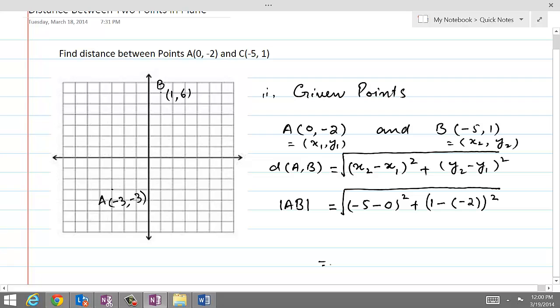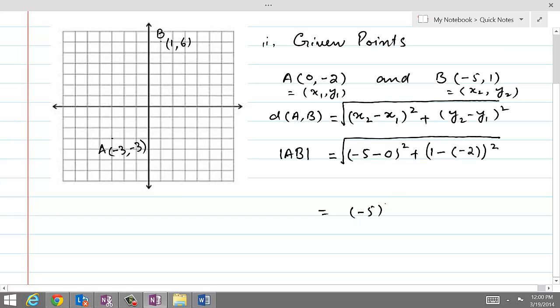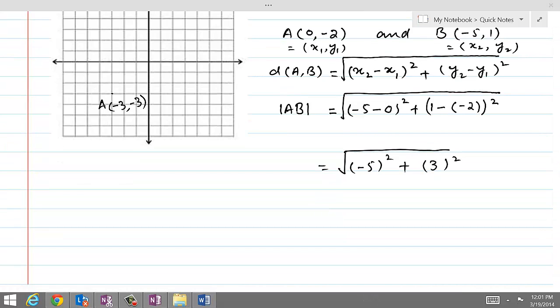And now we are going to simplify. -5 minus 0 is only -5, whole square, plus 1, and then negative times negative is plus, so this will become 1 plus 2, which is 3, and 3 square, and then square root. And now we can take this value here.